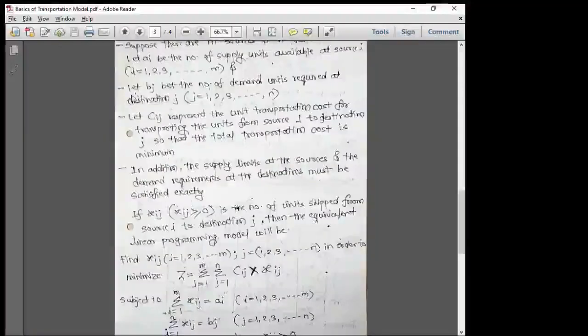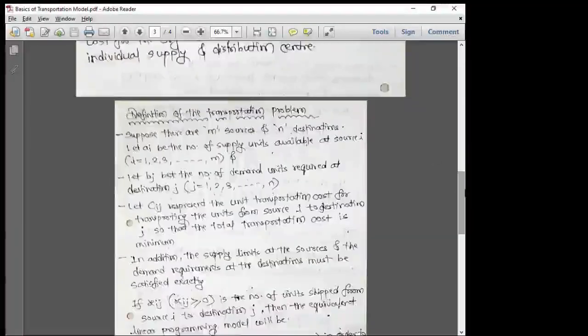Next, let bj be the number of demand units required at the destinations, and the value of j will be 1, 2, 3 till n. Why n? Because n is the number of destinations.